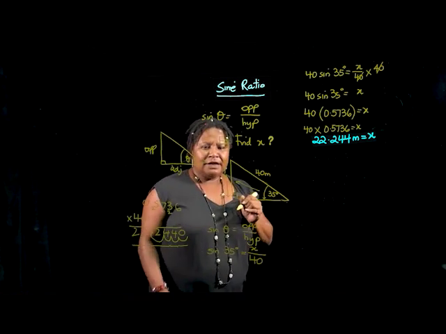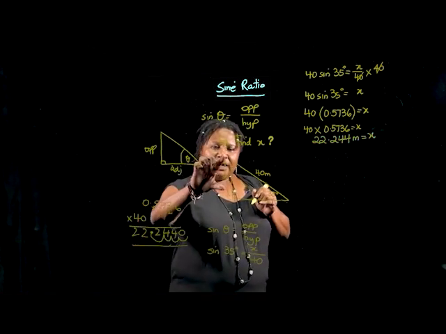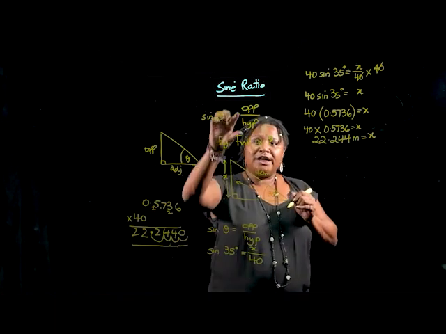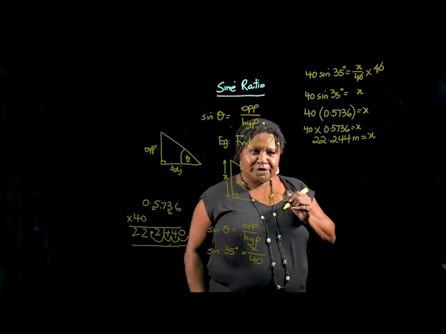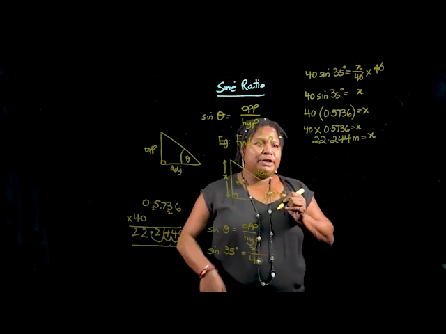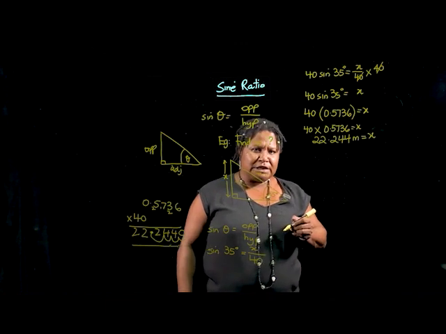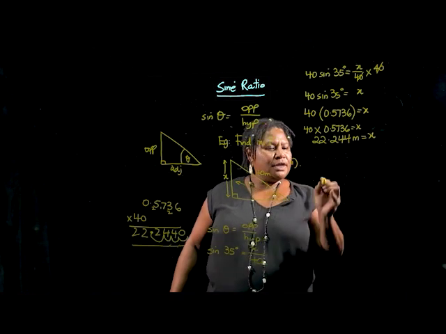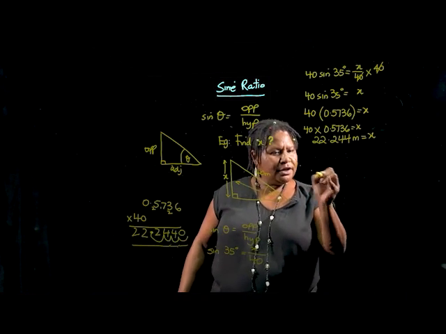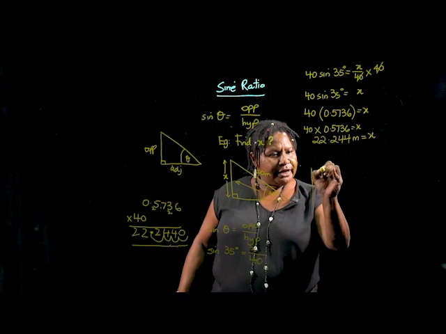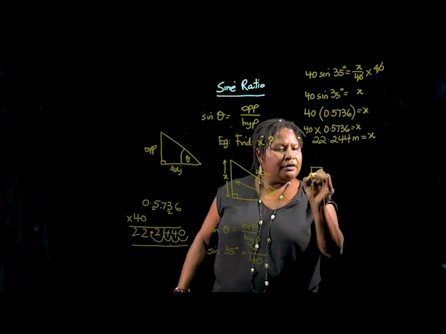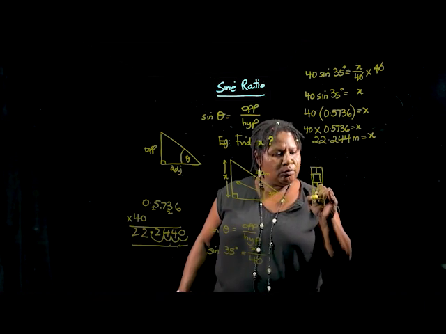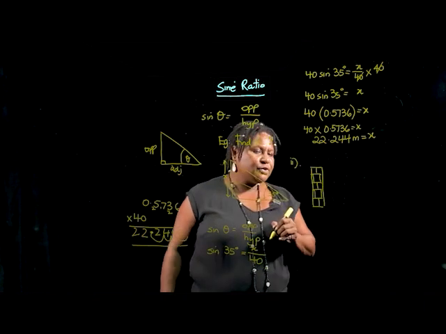Now remember, the unknown side is opposite the given angle, and that's why we are using the sine ratio. Now how do we apply this to everyday situations? Let's look at example number 2. Imagine if we have a wall. Now don't mind my wall, please. It looks all right.